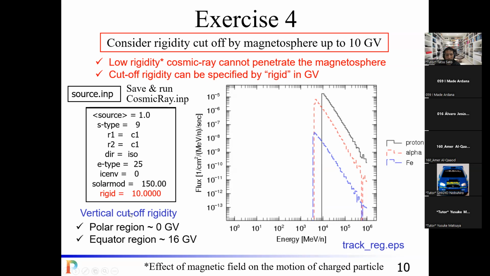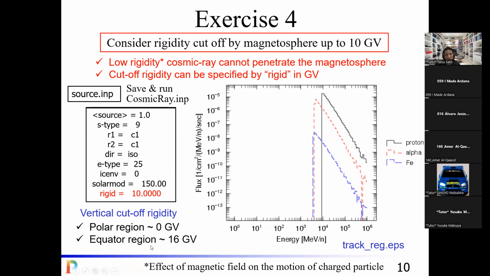And usually we use the vertical cutoff rigidity as the index for expressing the strength of the magnetosphere. At the polar region, the vertical cutoff rigidity is 0. That means even very low energy cosmic rays can be incident at the polar region.